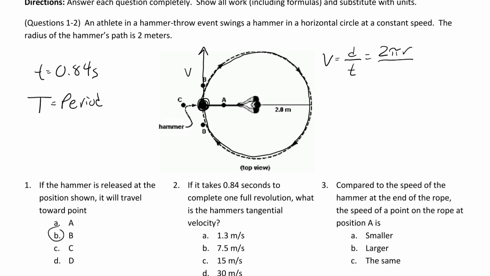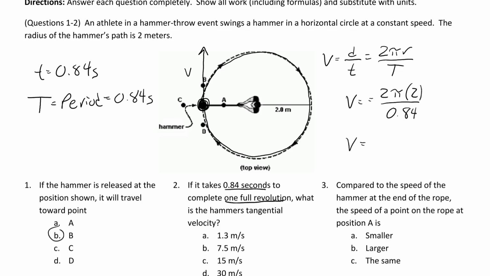So here it tells you it's 0.84 seconds for one full revolution. So in this case, they're also telling you what the period is. We don't have to figure it out. We could plug it into our formula. So the velocity is equal to 2 times pi times the radius, 2 meters, divided by the period, 0.84 seconds for that rotation.